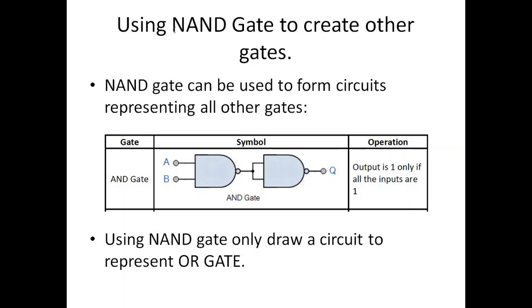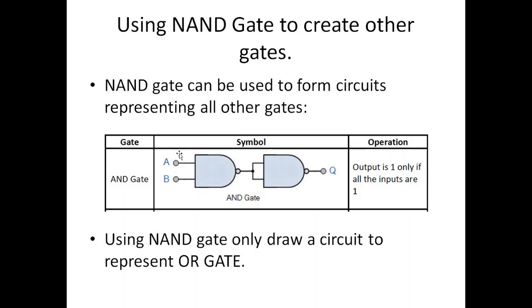Or sometimes, because of cost, the cost for NOT gate components or OR gate components is very high, whereas the cost for NAND gate component is not that high, so we would use the cheaper components and join them in such a way that it would work as the higher price components.